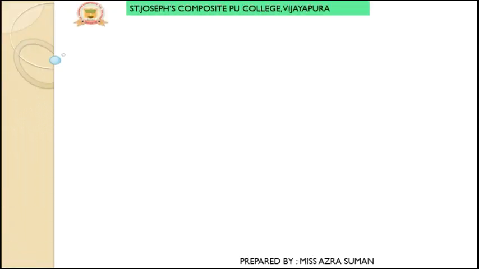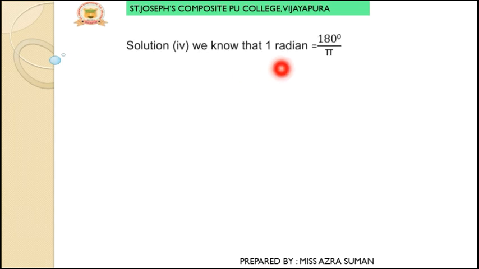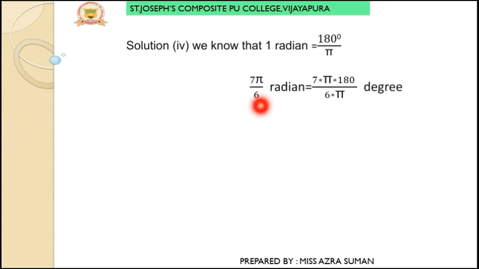Now, the solution for the fourth problem is, we know that 1 radian is equal to 180 by pi degree. Now, we have to calculate for 7 pi by 6 radian, which is equal to 7 into pi into 180 whole divided by 6 into pi degree.